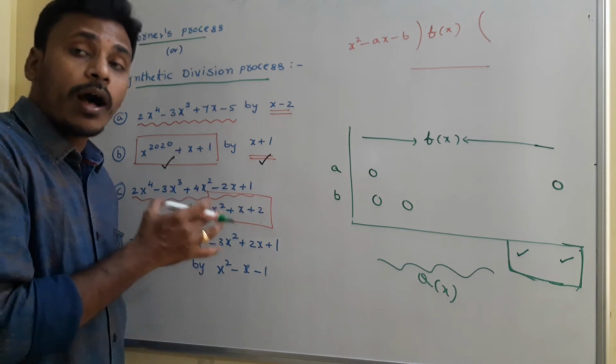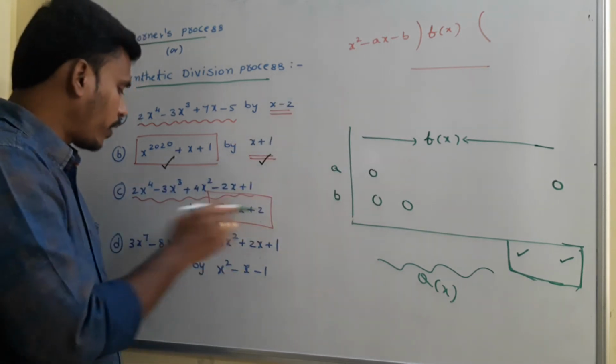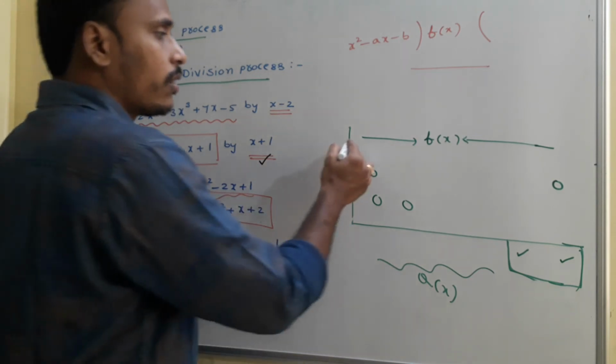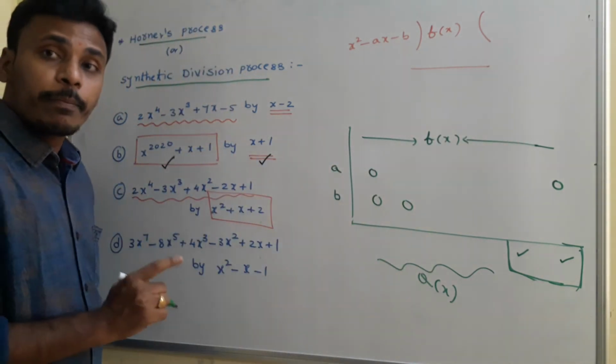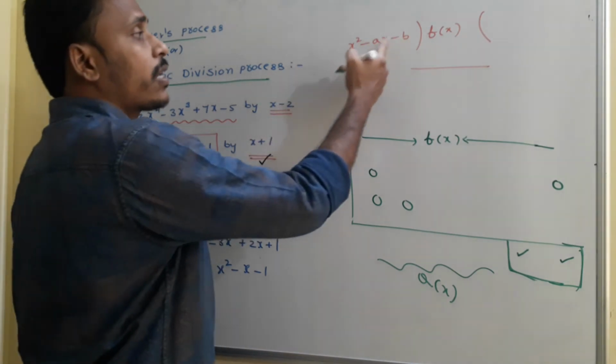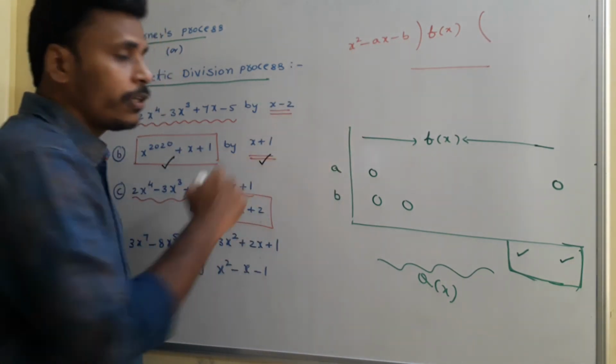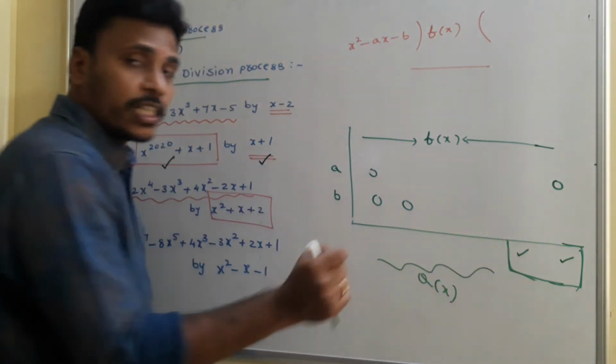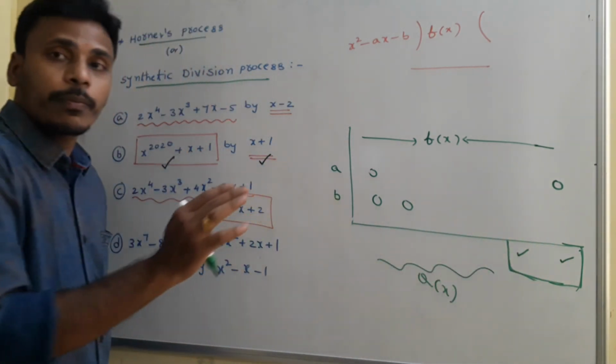Now I am going to apply this picture to this polynomial. First of all, have a look at the given polynomial and then compare the divisor with x square minus ax minus b. Write a here, b here and take 3 zeros here. These two will represent the remainder and this part will represent the quotient.